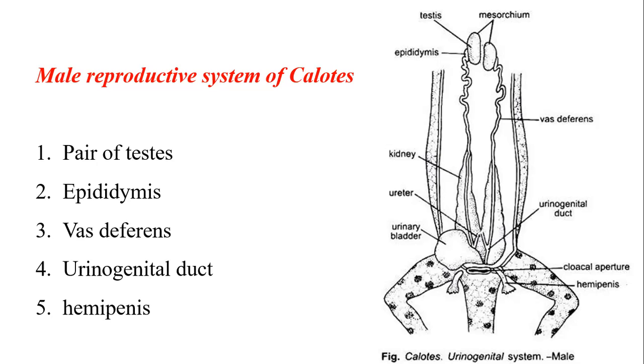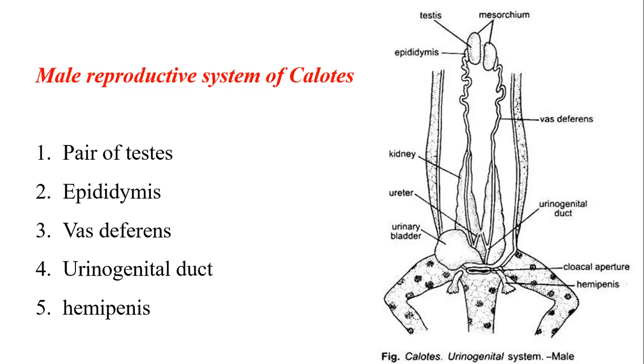Now the next part of the male system is the epididymis. The epididymis arises from each testis. It is a long, much coiled tube which is continued behind in the form of a narrow and spirally twisted tube called the vas deferens.